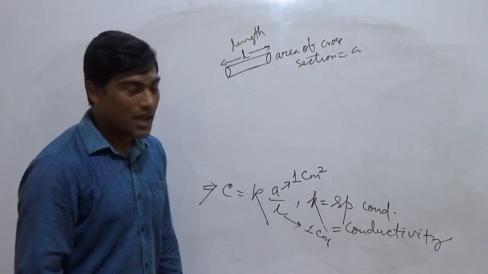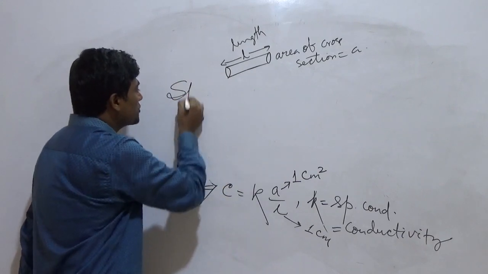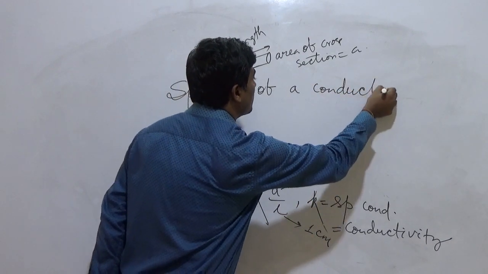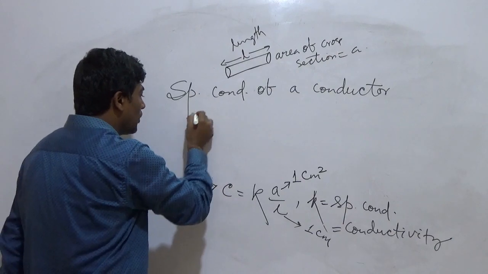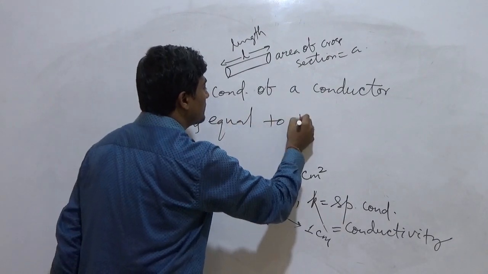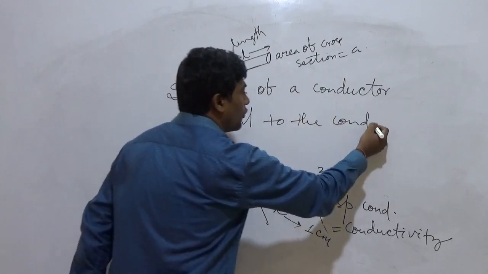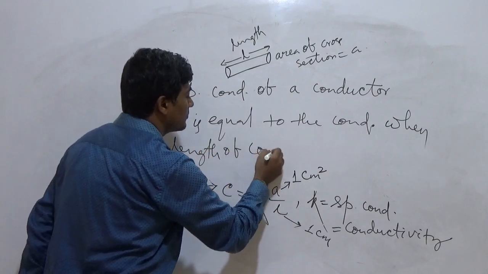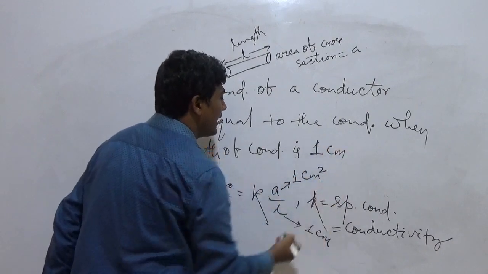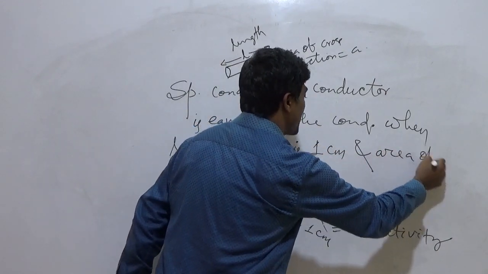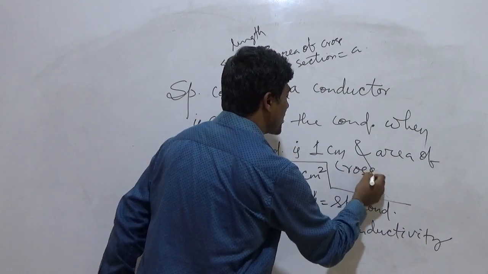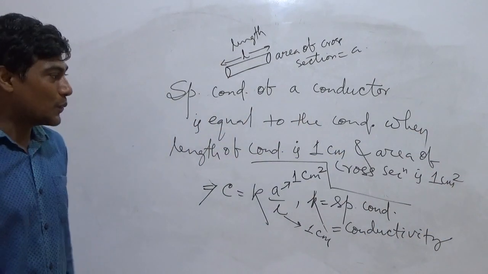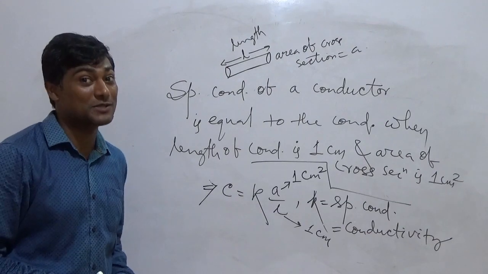So we can define the specific conductance of a conductor as the conductance when the length of the conductor is 1 centimeter and area of cross section is 1 centimeter square. Like this we can define specific conductance.